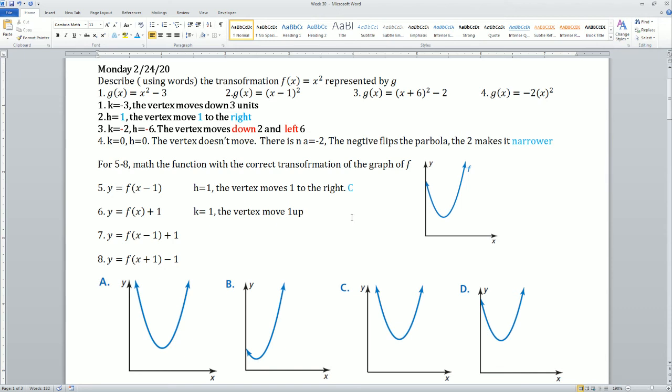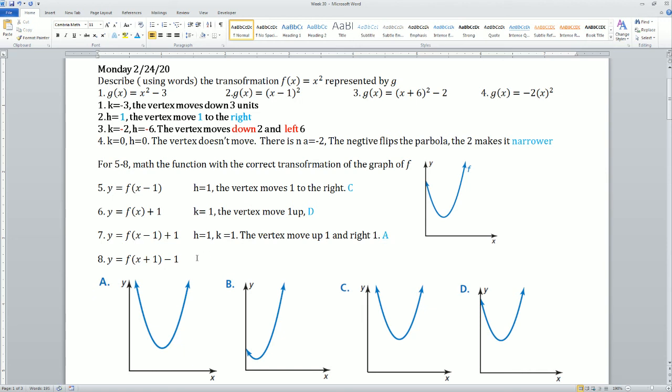It looks like D. Here, h is equal to 1 and k is also equal to 1. The vertex moves up 1 and right 1. So that would be A. Right here, up 1, across 1.